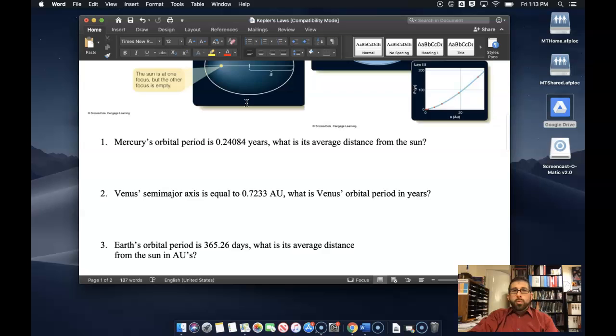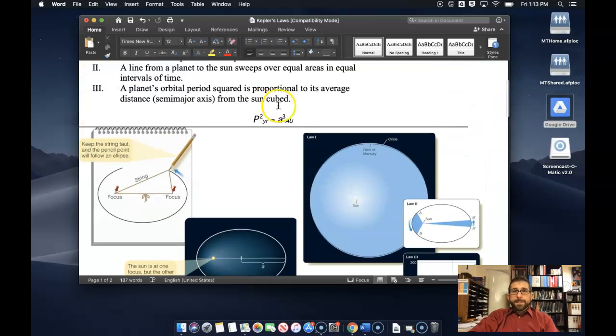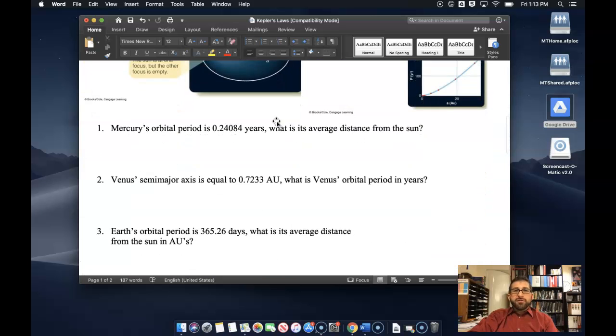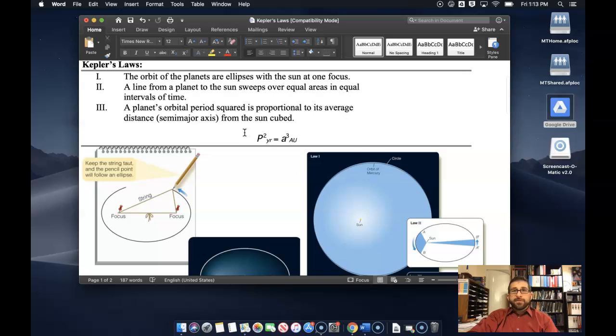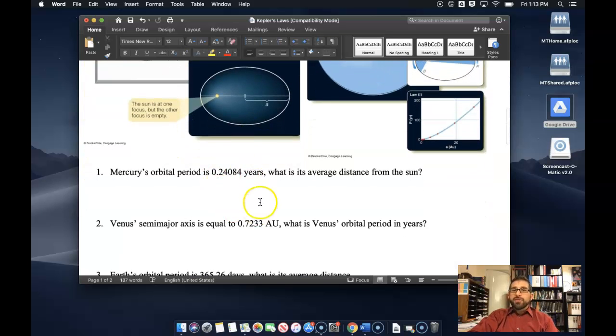So we've got to get A by itself. So what you want to do is say 0.24084. We're going to square that value. Once you've squared that value, then you need to take the cube root of that value to find A.